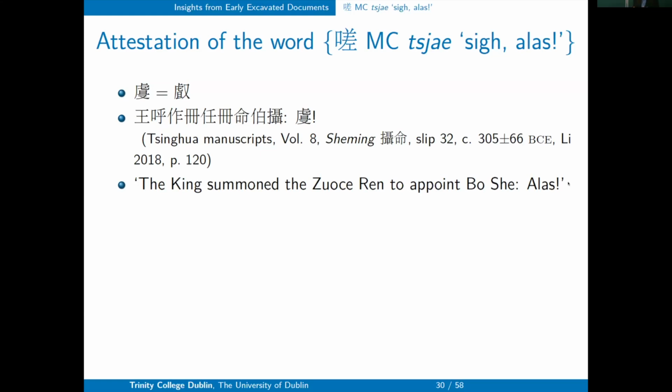And in these manuscripts, this word was written as 扎, which is in a top-bottom structure rather than the left-right structure we see in the bronze inscription. However, they are the same.